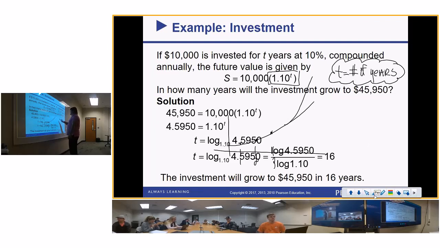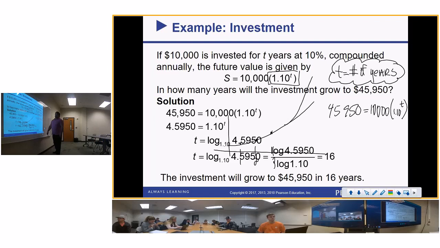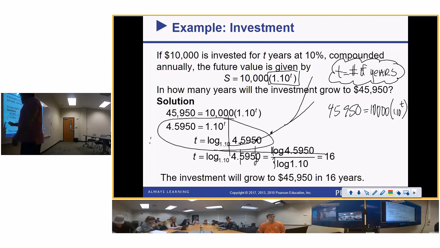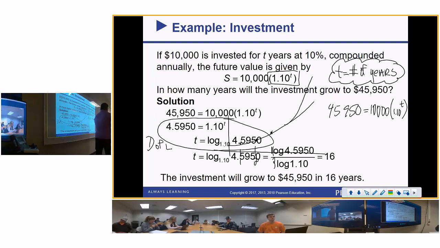I wasn't reading the directions. 45,950 is equal to 10,000 times 1.10 to the t, and this is just like the first problem we did. Divide by 10,000, then you have the definition of a logarithm. And then you solve it just like that first problem.